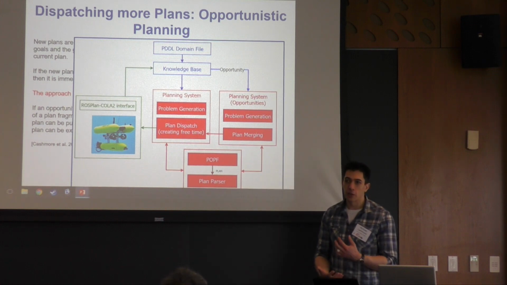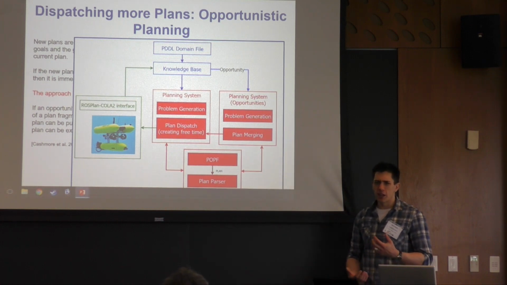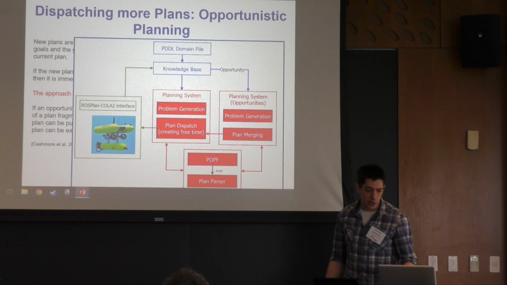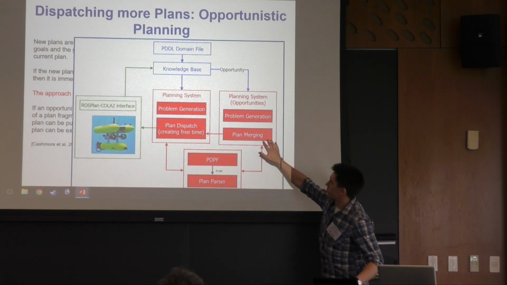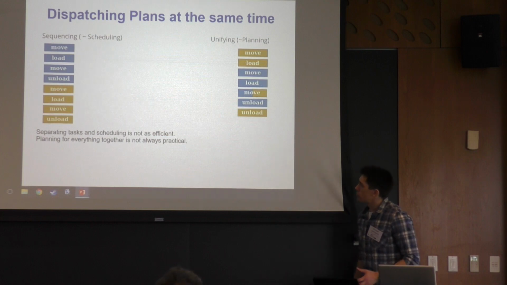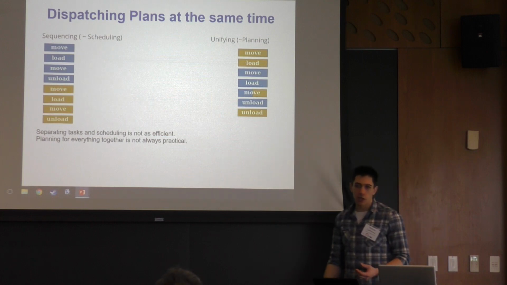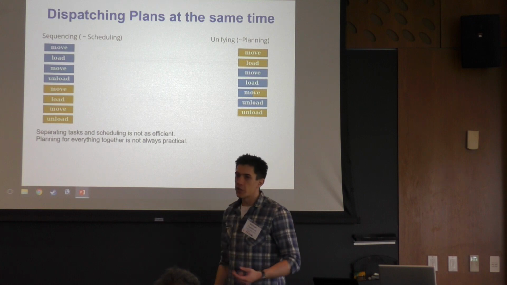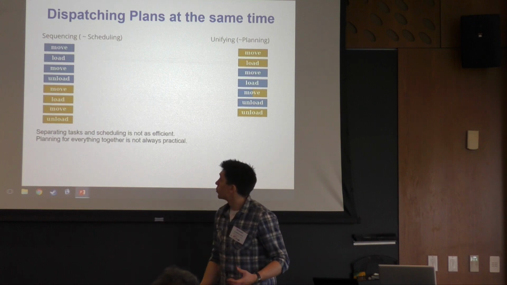Dan will be talking more about planning for opportunities in a journal paper presentation later this week, and he'll describe the approach we took to this. But just briefly about plan merging, there are of course many solutions to this problem already.